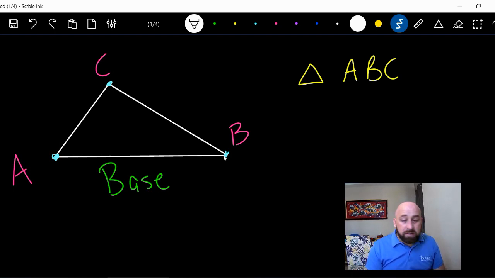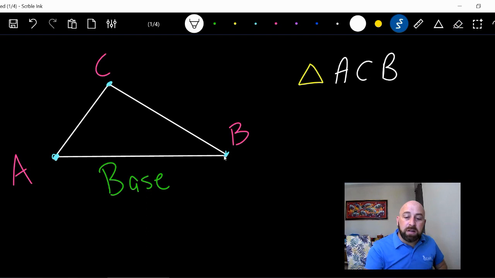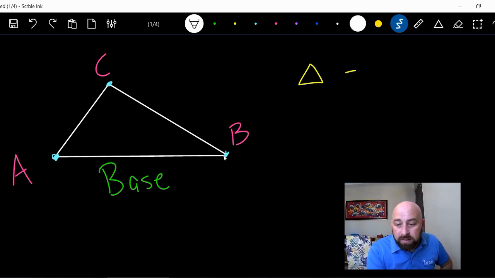And probably the best way to write this triangle would be ACB, and the reason is that we're making C the middle letter, because C is the vertex of that triangle. Now, it doesn't really matter. You could also call it ABC, CBA, or CAB. You can name it whatever you want, really. But based on the way it's sitting right now, AB is the base, C is the vertex. And again, we could rotate it, and that would change the way it's done.